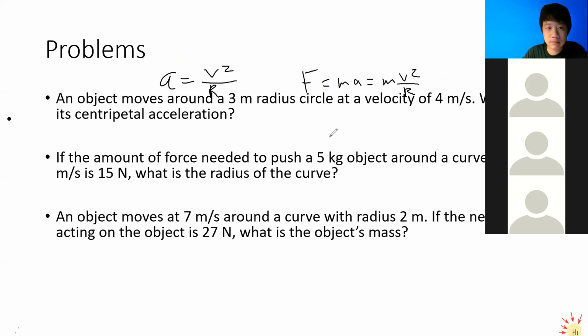Okay. So for number 2, you use the F equals mv squared over r equation. And since you want to find the radius, you solve for r, and that's r equals mv squared divided by F, and then you just input the values.